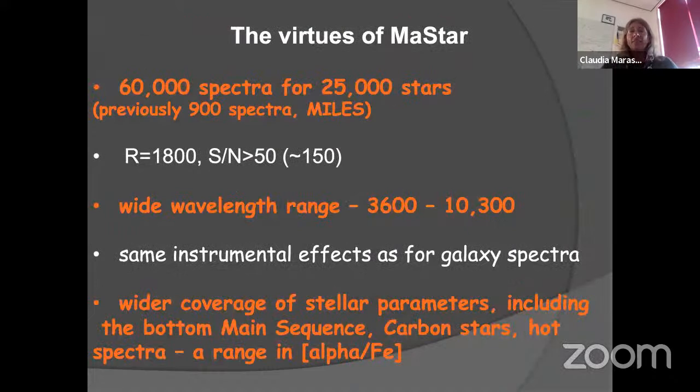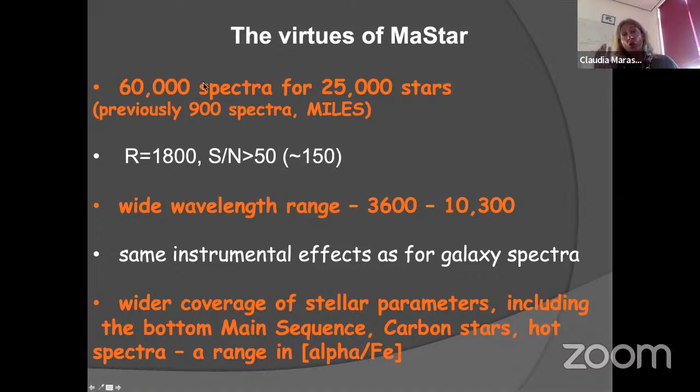So what are the virtues of our library? Well, first of all, as I said, it contains 60,000 spectra for 25,000 unique stars. The previous state-of-the-art effort, MILES, contained 900 spectra. The current X-shooter library that I should mention has even less than that.